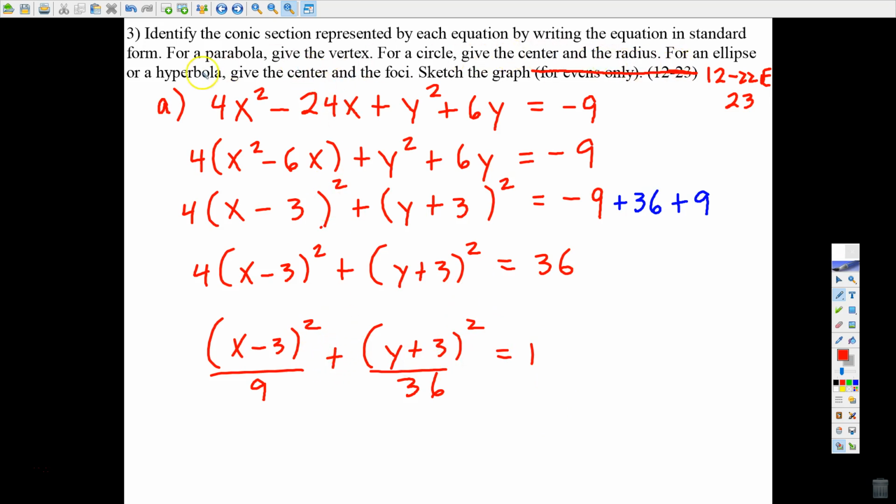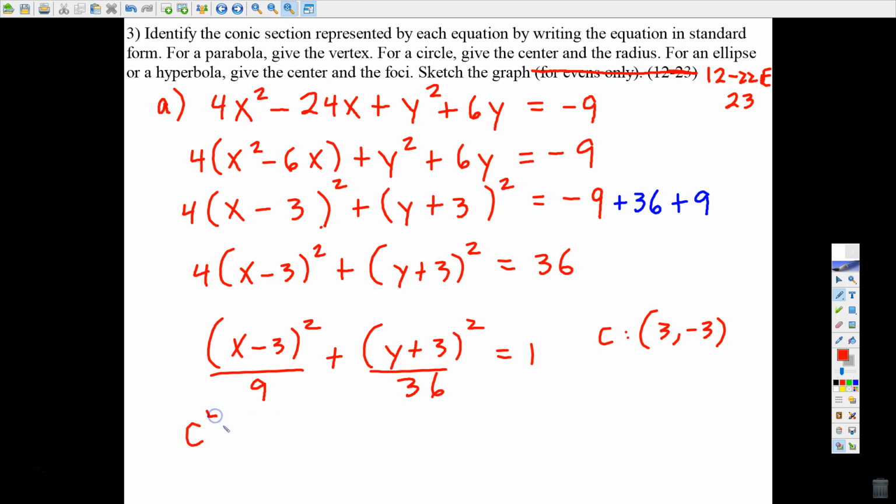The directions tell me for an ellipse, give the center. So the center is going to be (3, -3). And we're supposed to give the focal points. So we need to know the distance from the center to the focal points, which is c.